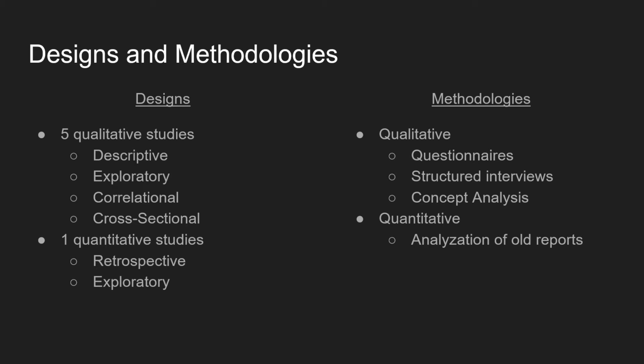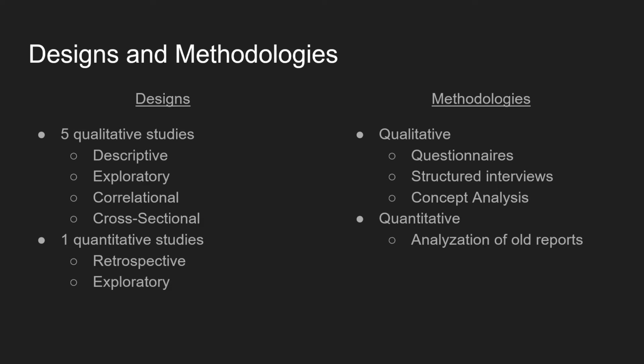For this project, I had 6 articles that I looked over and broke down in order to get my information. There were 5 qualitative studies and 1 quantitative study. Of the qualitative articles, there were some descriptive, exploratory, correlational, and some cross-sectional studies.